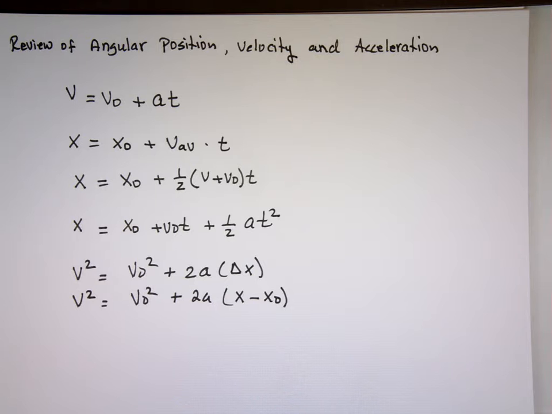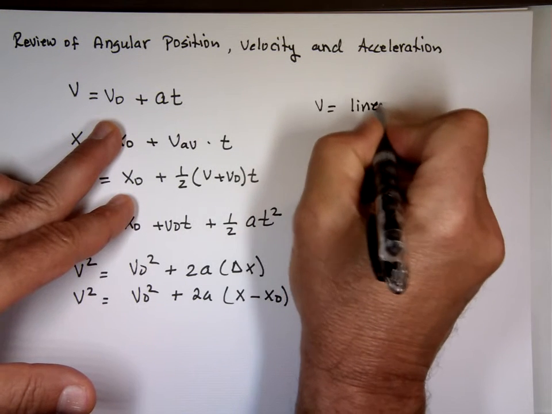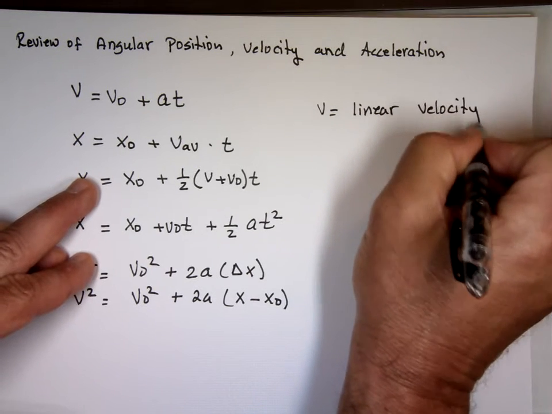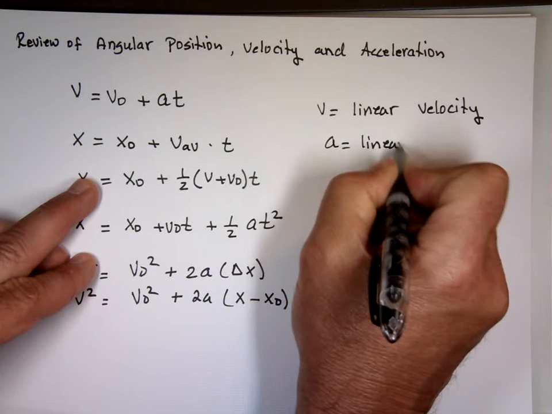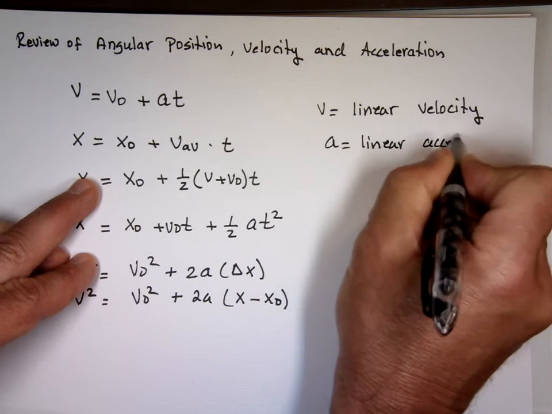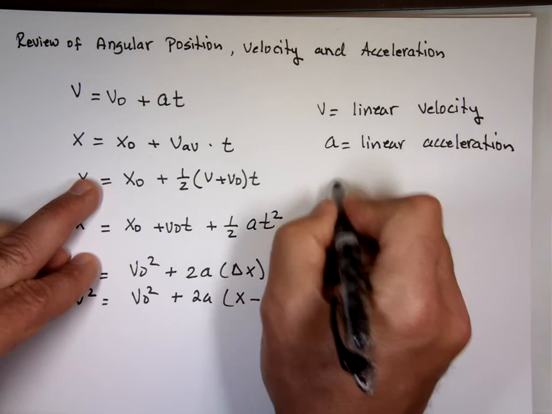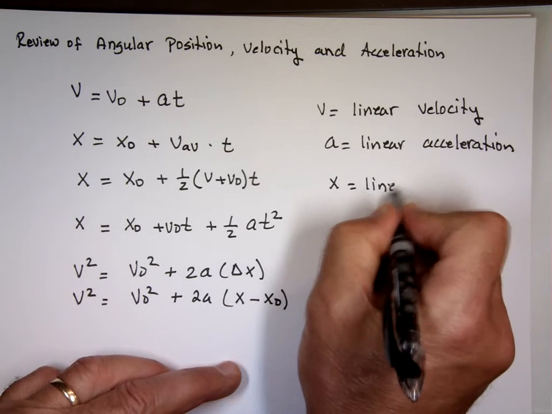So V is actually the linear velocity. A is the linear acceleration. And X is what? The position, the linear, on the ground.